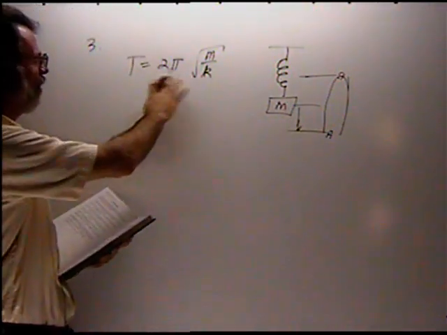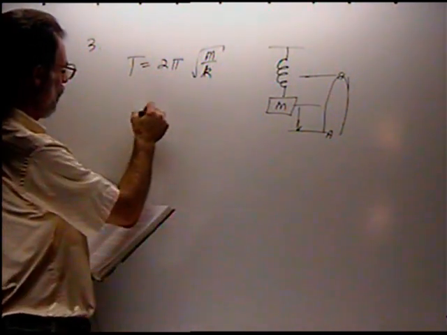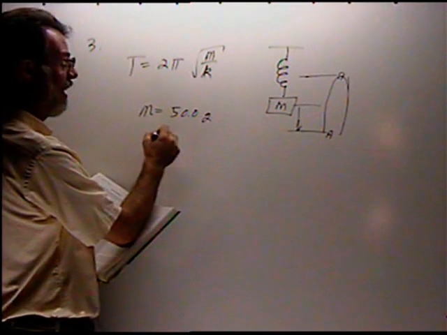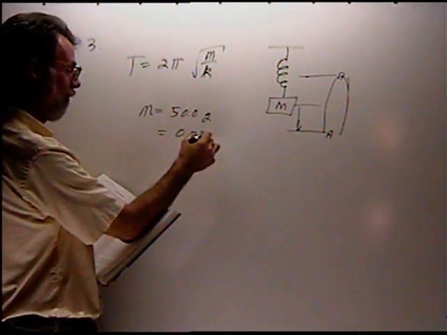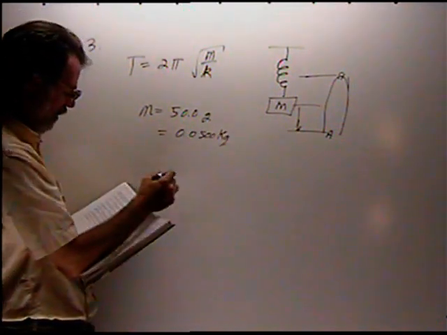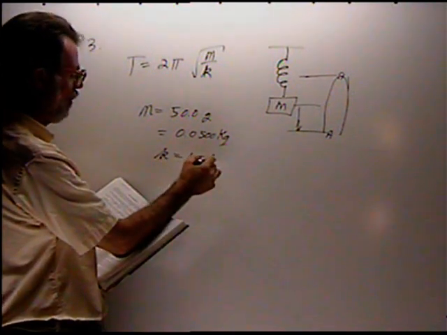You simply plug the numbers into here. Now remember, the important thing is the mass is given as 50.0 grams. That needs to be converted into kilograms, because the spring constant is given in newtons per meter.